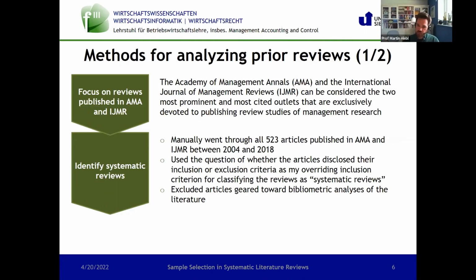And besides those articles that did not feature any inclusion or exclusion criteria, I also excluded articles that were geared toward bibliometric analysis, because they usually have very large samples, like 500 or 600, which are not feasible to be analyzed in a narrative way, as most other review papers in my review sample have been.